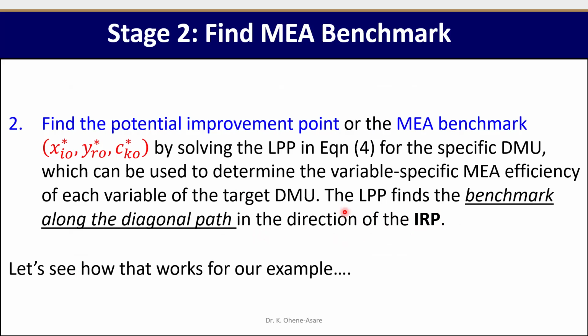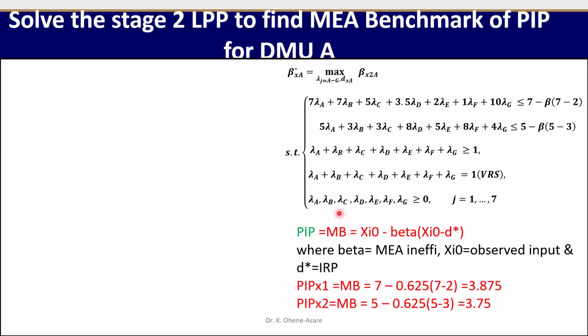We are going up, but in the direction of the diagonal path. Because we are going up, we are maximizing. Remember, ordinarily we came down like this and got to the IRP. When we're coming down, we're minimizing, and now we are going up, so we are maximizing. That's why you see that now this is maximization. We are maximizing the beta because it's the beta that will take us there. And watch this. This is beautiful, guys.